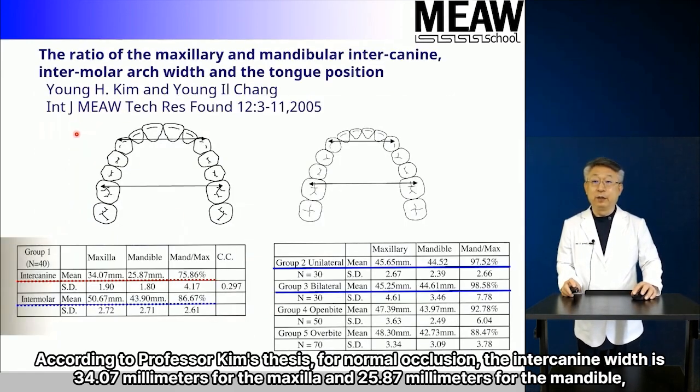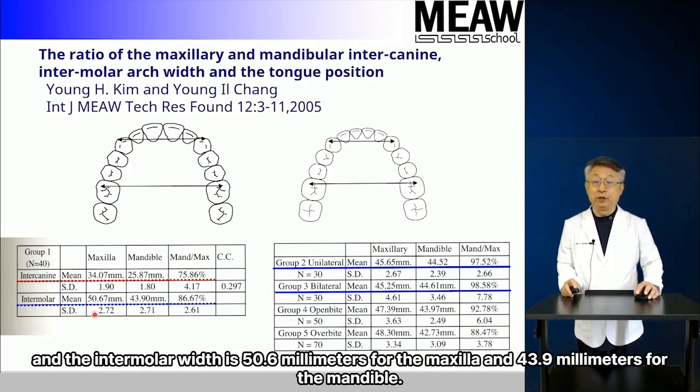According to Professor Kim's thesis, for normal occlusion, the intercanine width is 34.07 millimeters for the maxilla and 25.87 millimeters for the mandible. And the intermolar width is 50.6 millimeters for the maxilla and 43.9 millimeters for the mandible.